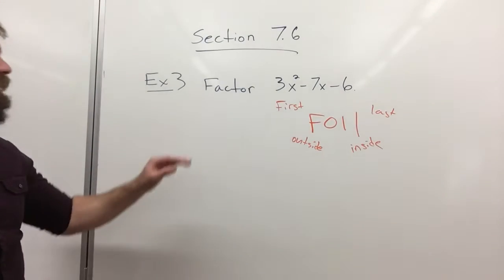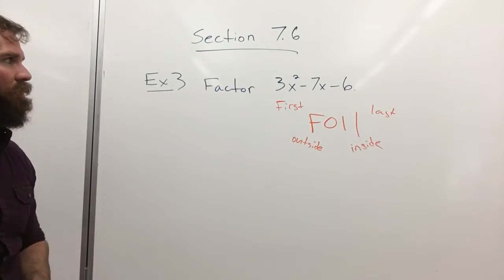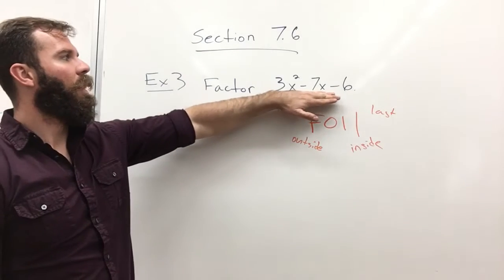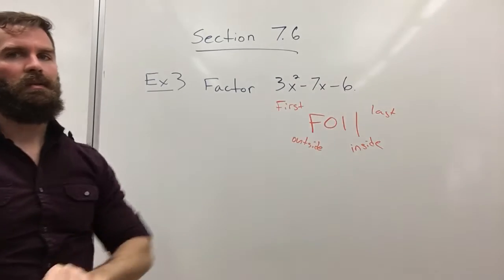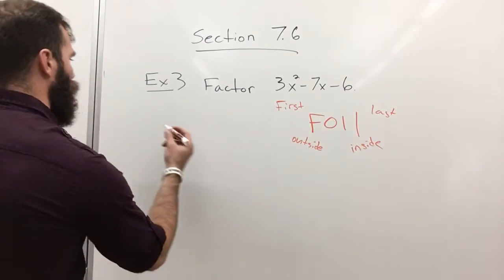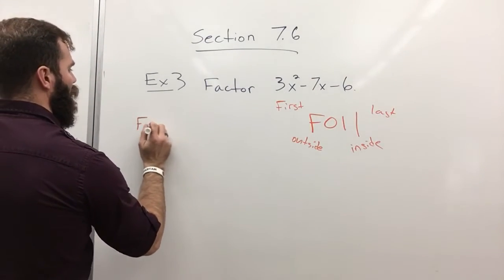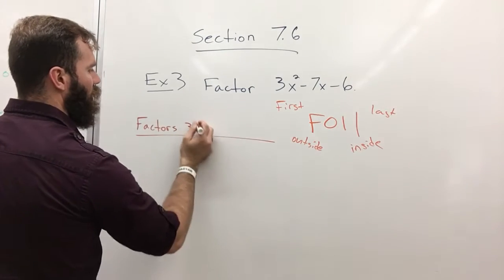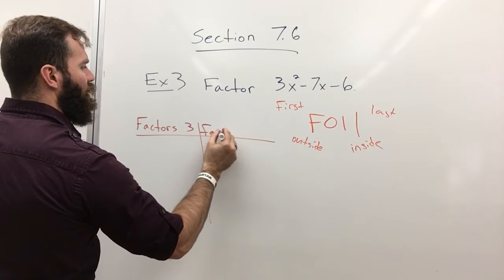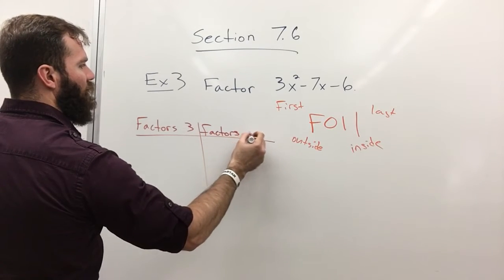Moving to example 3, section 7.6, factor the polynomial 3x squared minus 7x minus 6. Now we have two negatives. All right, let's begin by finding our factors of 3 and our factors of negative 6.